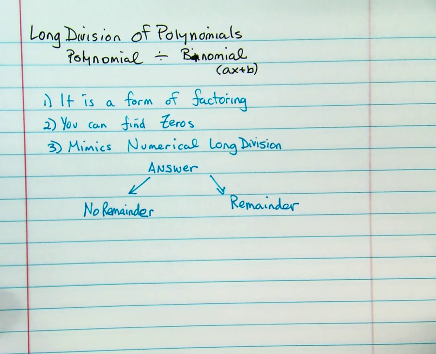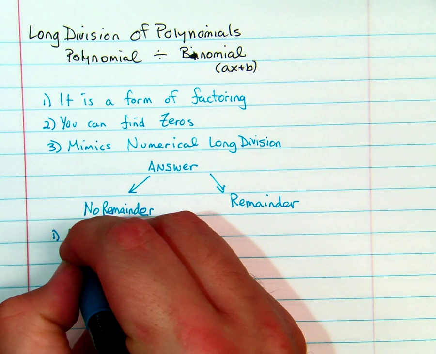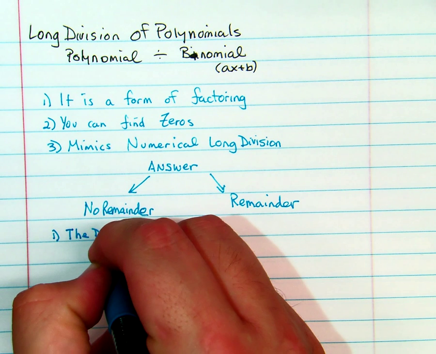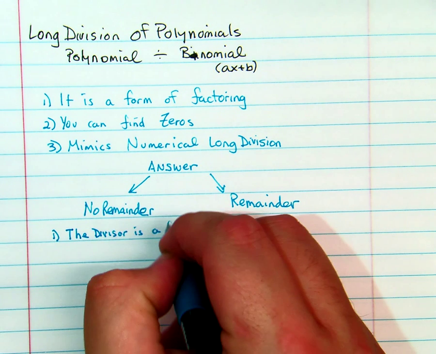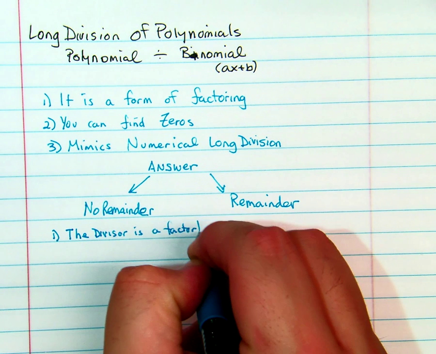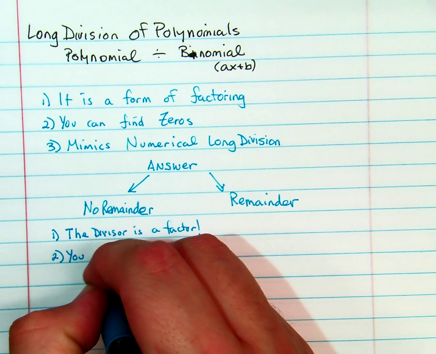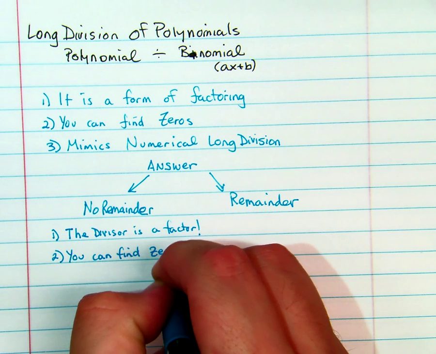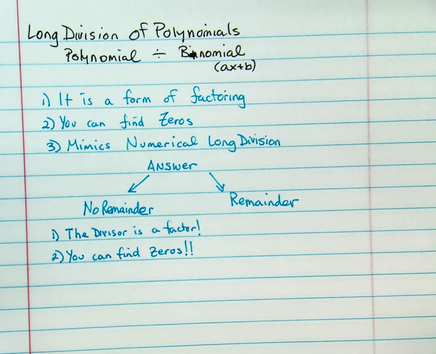If you get no remainder, one thing you know, the divisor is a factor. And the second thing is you can find zeros. And there's a couple other things, but we'll stick with that for right now.